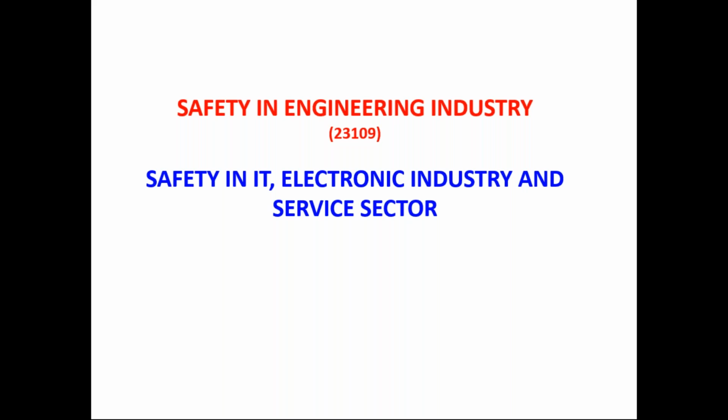In the engineering industries, normally we are thinking about operations like grinding, welding, cutting, rolling, shipping, sizing operations, etc. But here, we are talking about IT related safety hazards, precautionary measures, or electronic oriented hazards and their measures. So we have to think about IT industries nowadays.